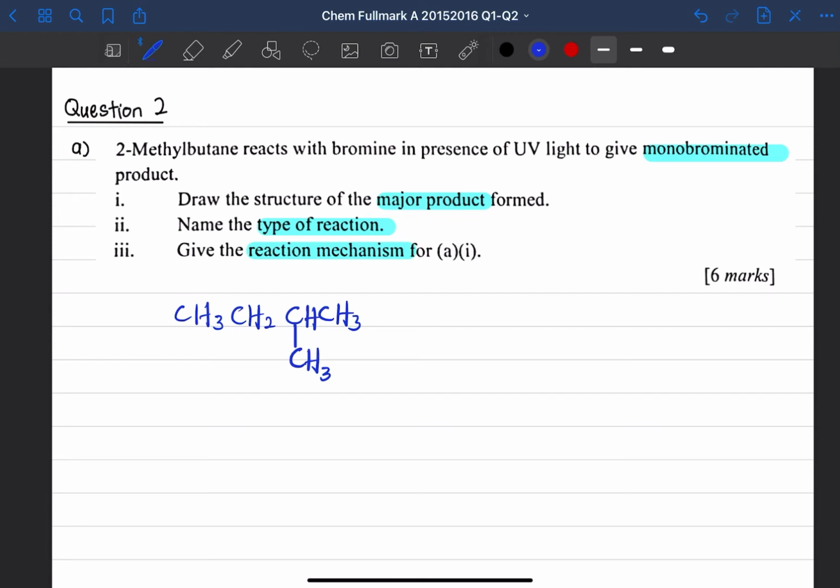Okay, so this is the structure of 2-methylbutane.